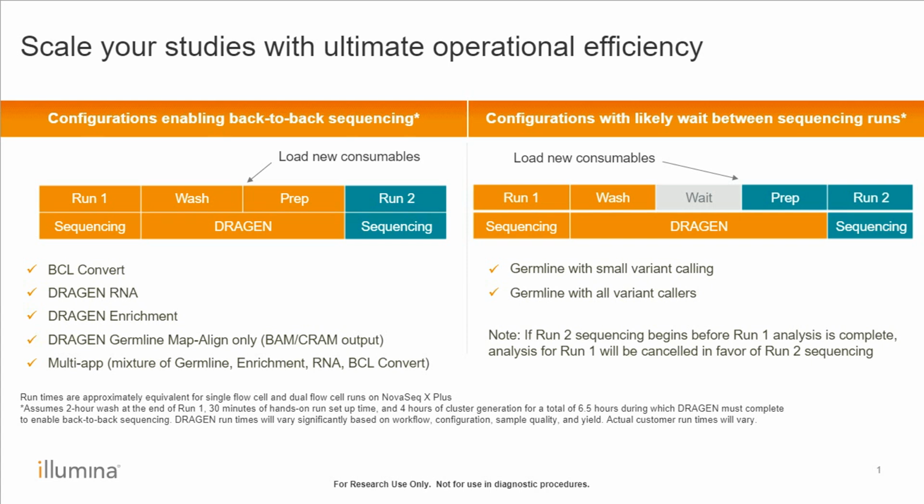But there are certain runs which are computationally intensive. For example, germline with small variant calling and germline with all variant callers take slightly more than your wash and prep time. I think it's about 7.5 hours when we use Illumina data, so you would expect it in that range. It's not significant, but it's still slightly more than your wait time between the runs.